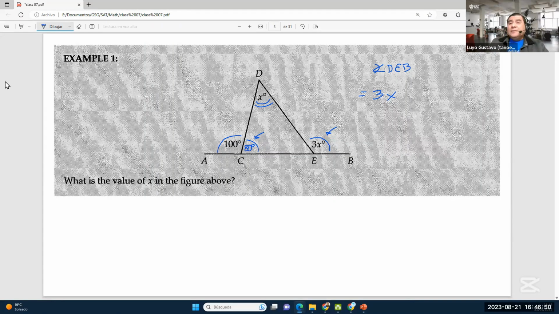We can say 3x must be equal to x plus 80. And of course, from this, you can easily isolate x, which would be 40 degrees, right? We're working with degrees. That's it. All right, so let's now see some more properties of triangles.